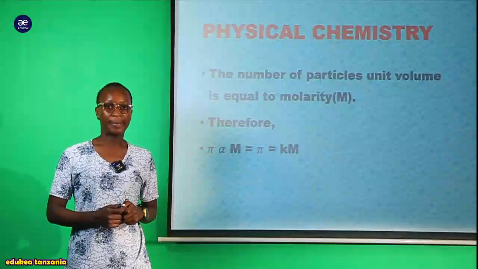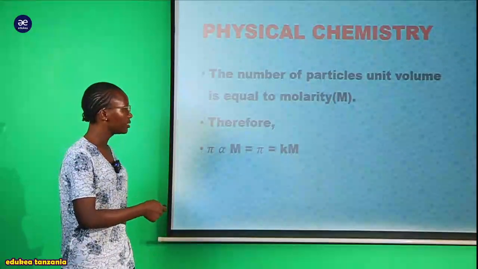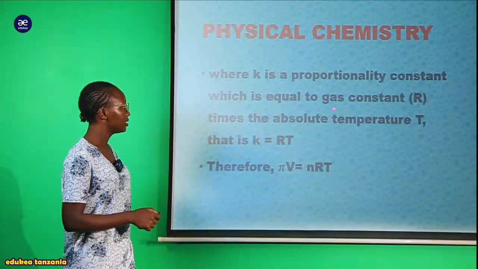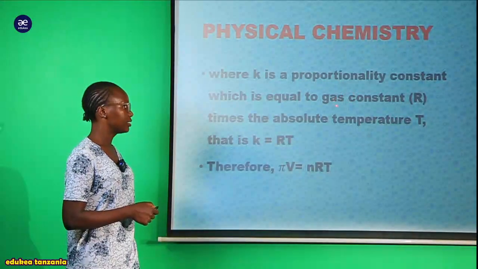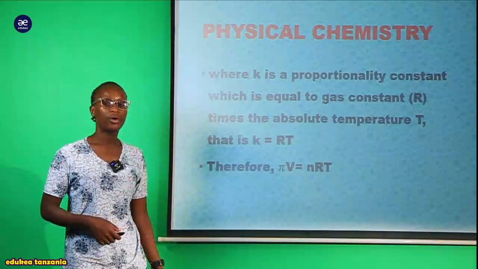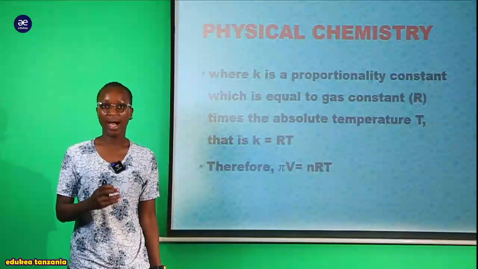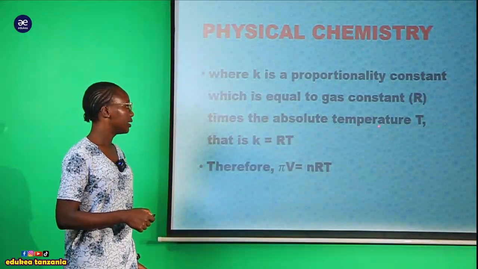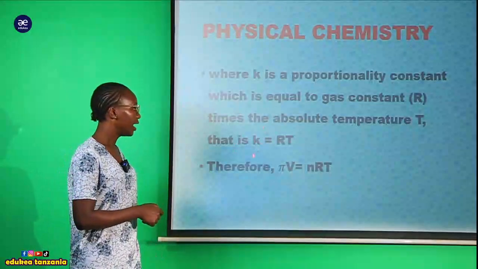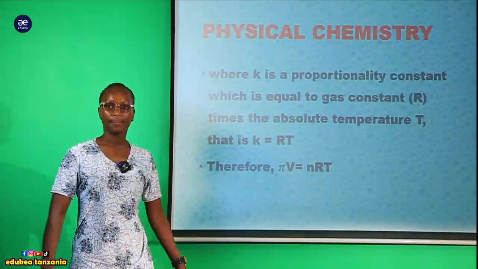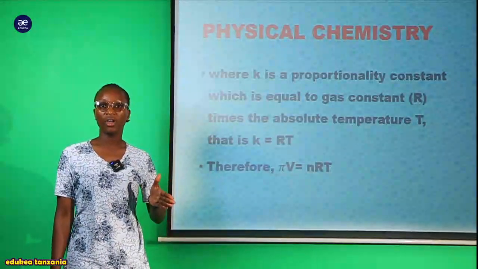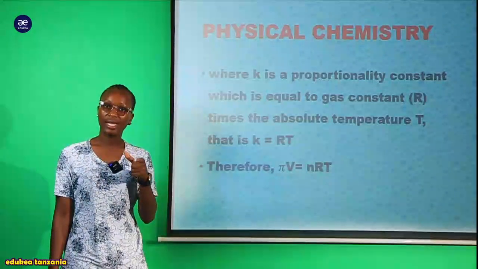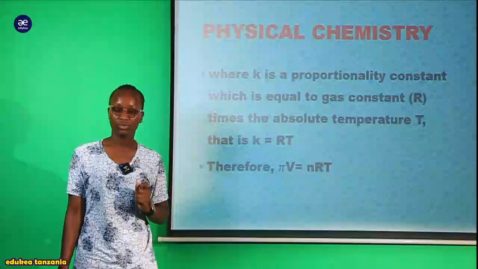the colligative property. So now you can see that where K is the proportionality constant, which is equal to the gas constant, ambayo gas constant inajulikana kama R, times the absolute temperature, that is K ni sawa na RT. Sasa kutoka kwenye hiyo question yetu ambayo osmotic pressure ni sawa na KM, therefore tunakuja kuinterpret K ni nini, tunaitafsiri, tunaichambua K ni kitu gani.